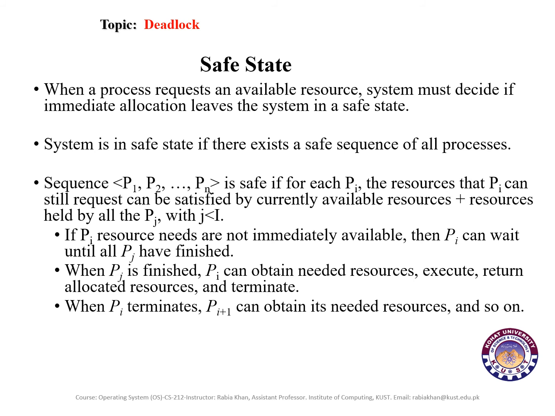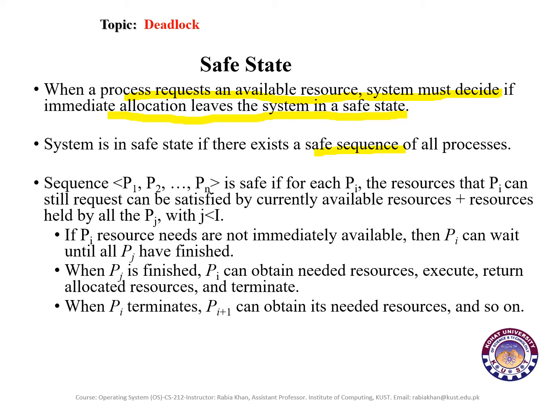So, when a request is received, the operating system has to decide if immediate allocation will leave the system in a safe or unsafe state. If it is a safe state, the resource is allocated, but if it is an unsafe state, the request is not granted. A safe state can be represented if all the processes are showing a safe sequence.